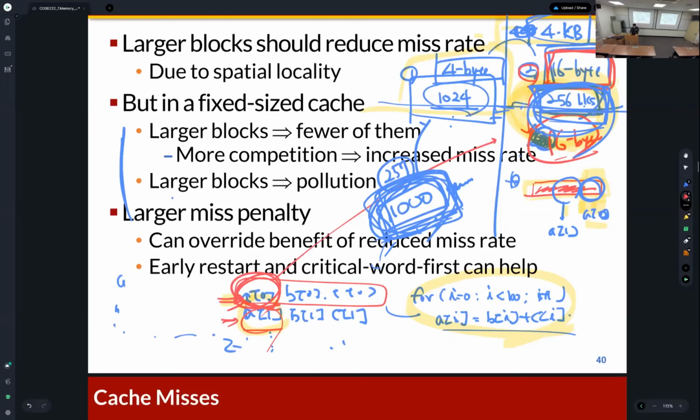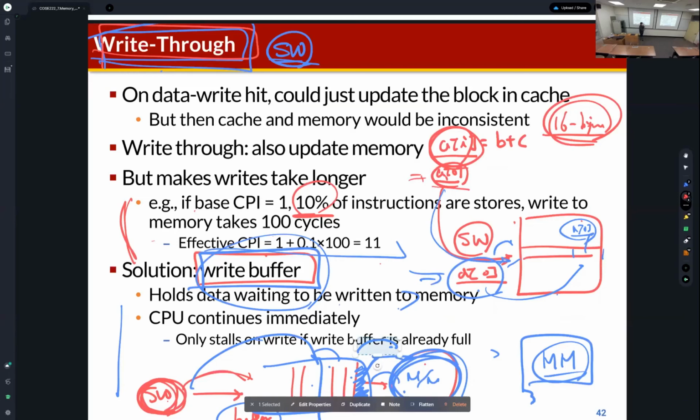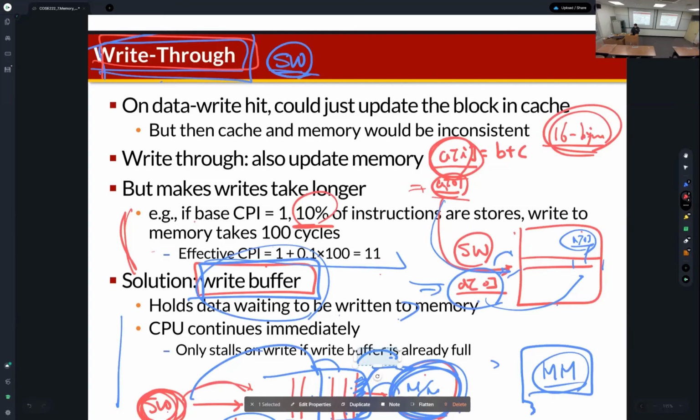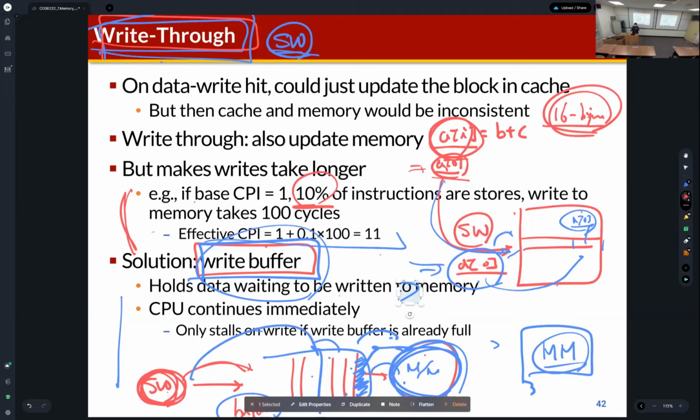Also, we learned about cache write policies: the write through policy and the write back policy. Write through policy means that in the write hit case, when the store instruction is executed, the store instruction can update the data in the cache. But the block size is usually larger than the size of the data transfer.